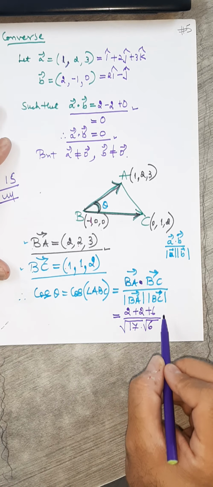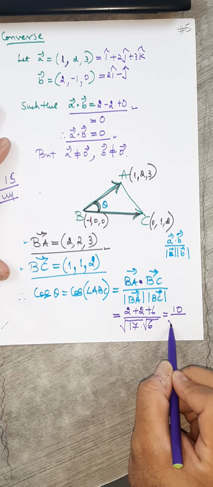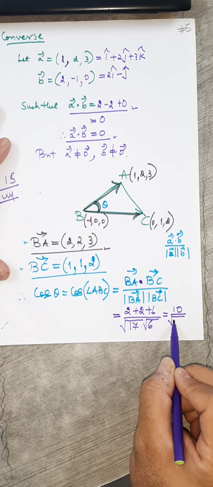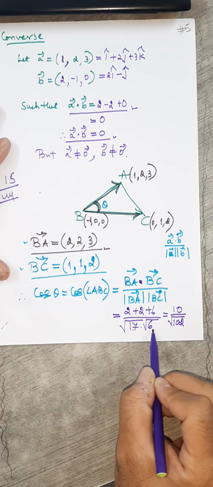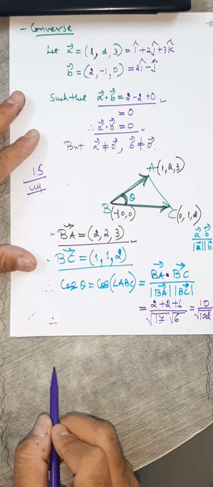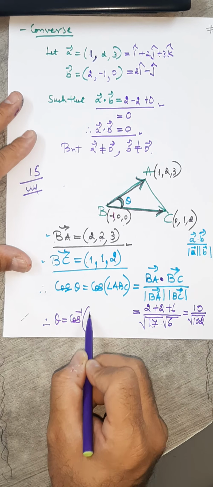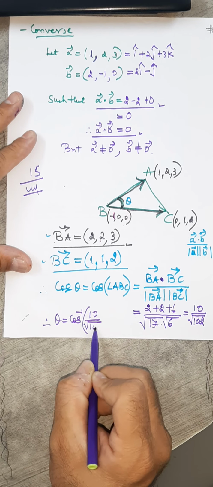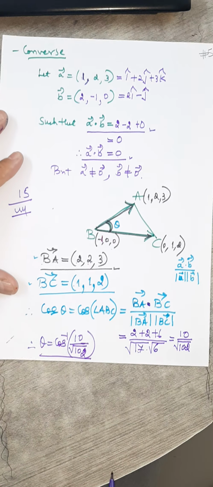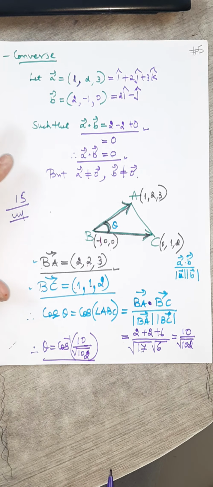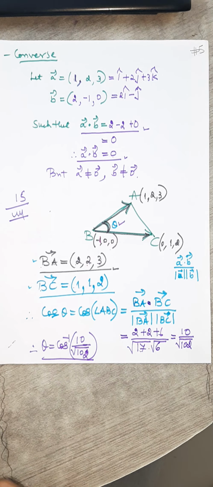Okay, so what we'll get finally? 10 upon the product of these two, which is nothing but root 102, and therefore finally theta equals cos inverse of 10 upon root 102. That is your answer, right? Angle between these two vectors, and that is nothing but this angle, remember, theta.